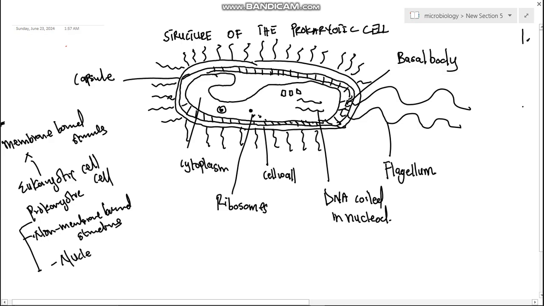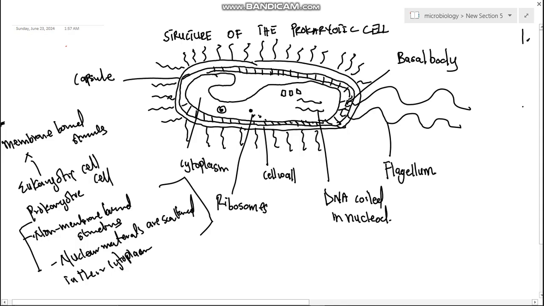So nuclear materials are scattered in their cytoplasm. That is one feature of the prokaryotic cell. The diagram we have here is the structure of a simple prokaryotic cell, the bacteria.